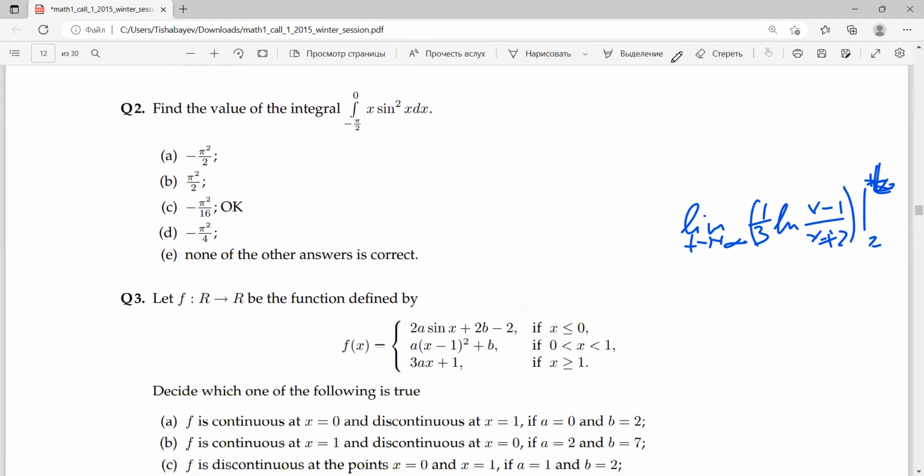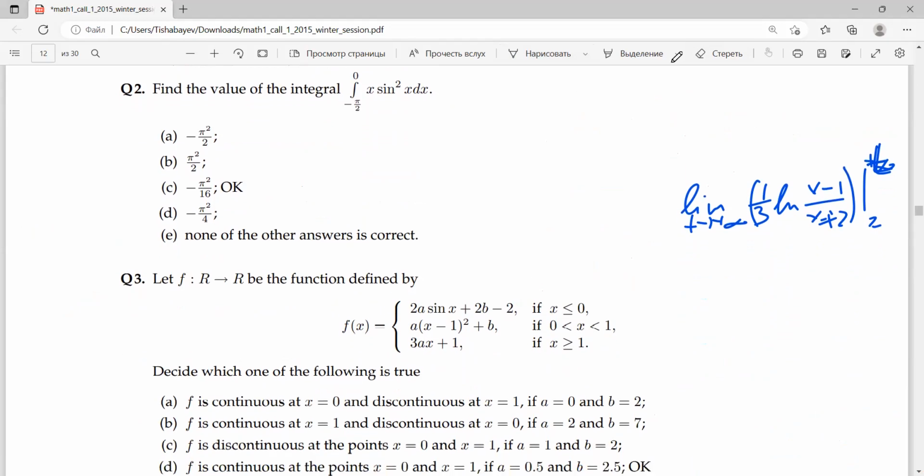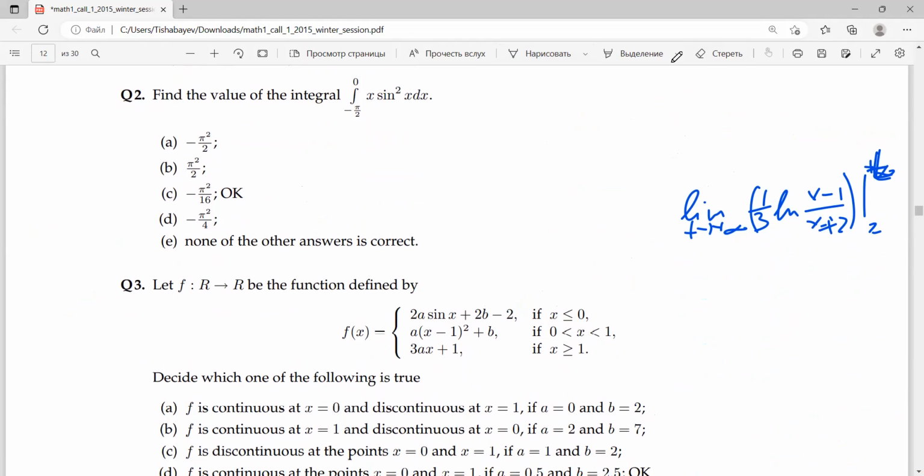How to find it? Number 3 is almost the same as the previous one, yeah? We can do it together again, this one. So find the value of the integral. There shouldn't be problems because it's just integration by parts.